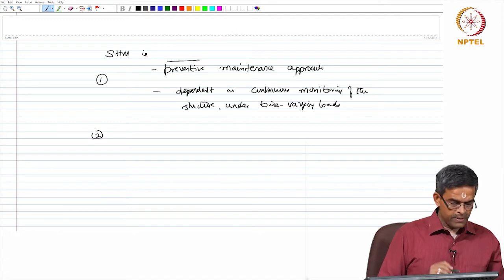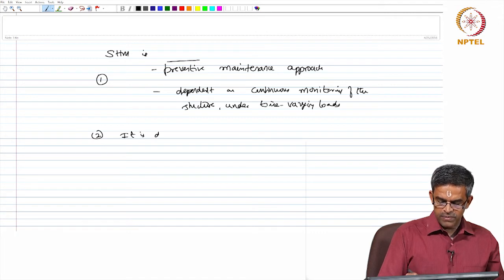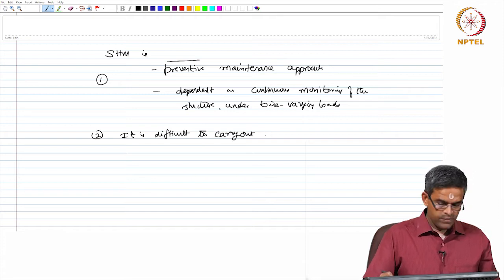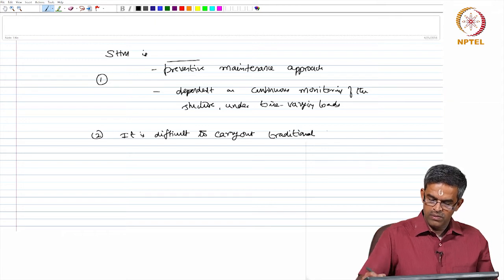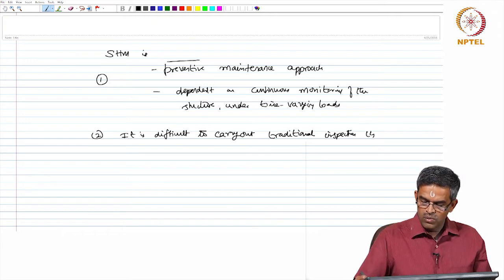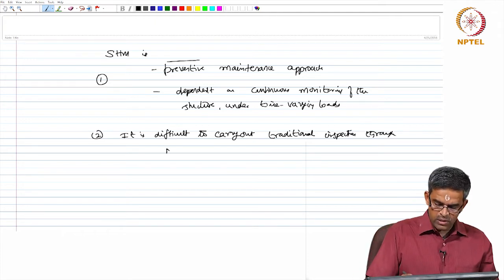The second point is it is difficult to carry out inspection traditionally through non-destructive tests or even through visual inspection.